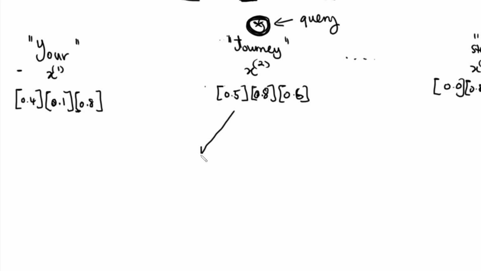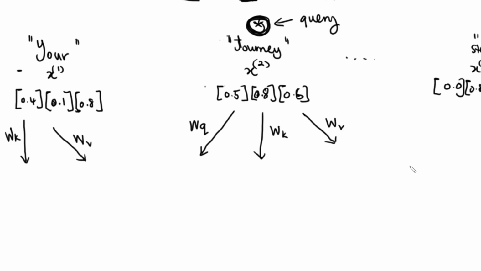It will have a query matrix WQ, and it will have its own WK and also a WV matrix. I'll write the matrices now, and then here it would be WK, and then WV.